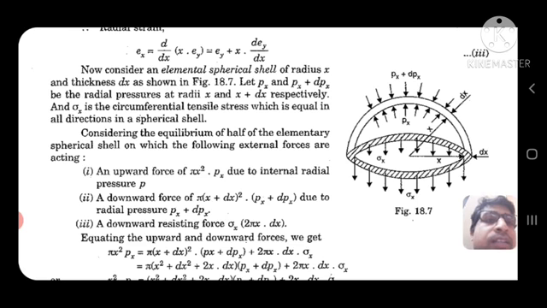Let px and px plus dpx be the radial pressure at radii x and x plus dx respectively.